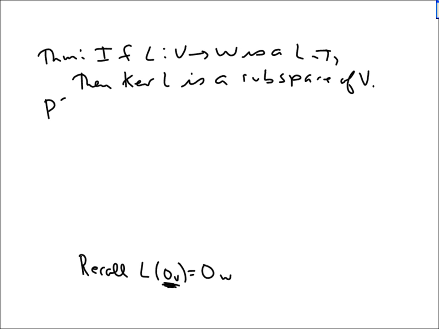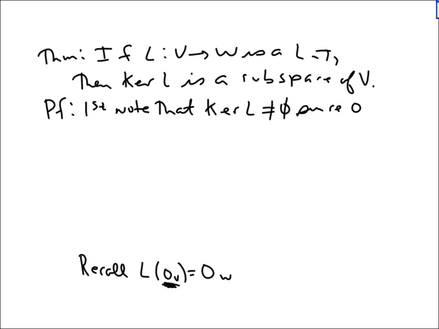A proof. First, note that the kernel of L is not the empty set, since the 0 vector from V is in the kernel of L. L of the 0 vector is the 0 vector.